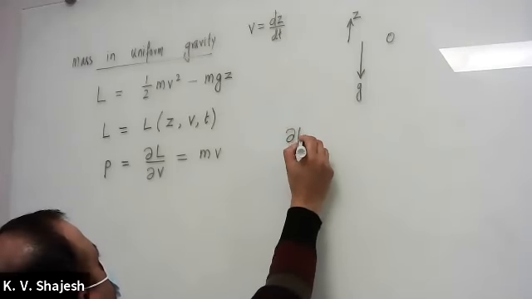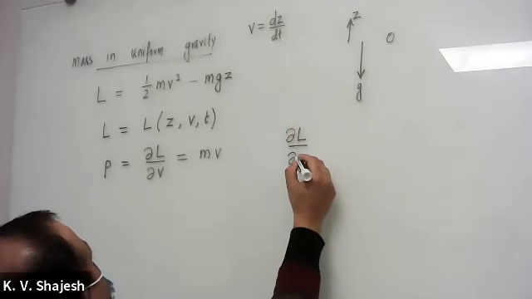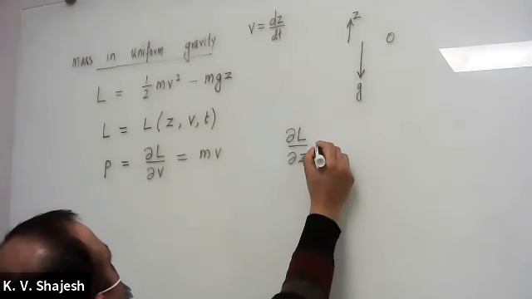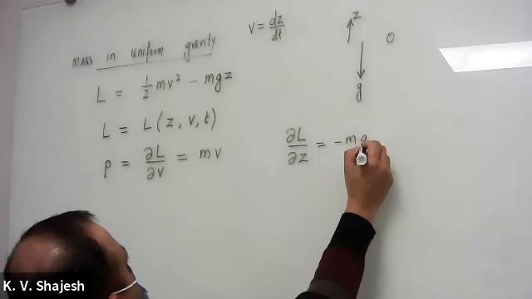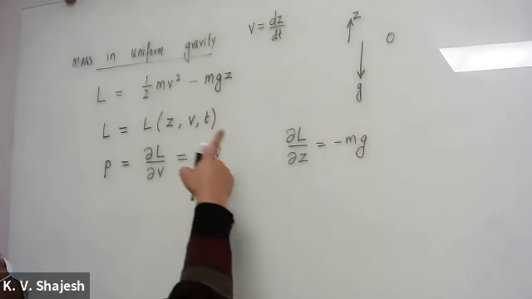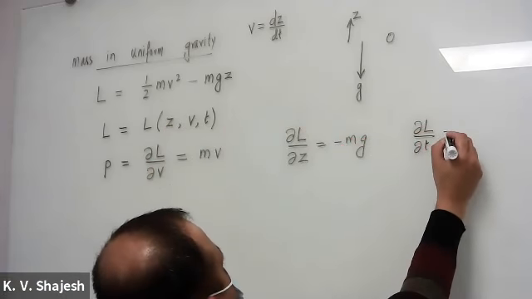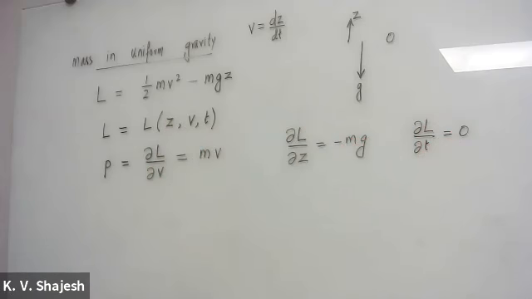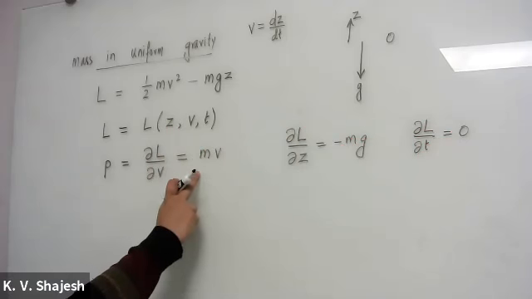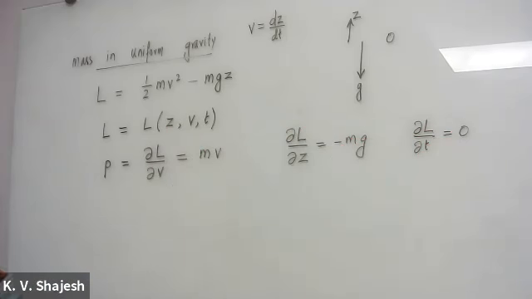The partial derivative of L with respect to z is equal to minus mg, and the partial derivative with respect to v is mv, and the partial derivative of L with respect to time is equal to 0. No time dependence in there. And the time derivative of this equal to minus mg is your equation of motion.